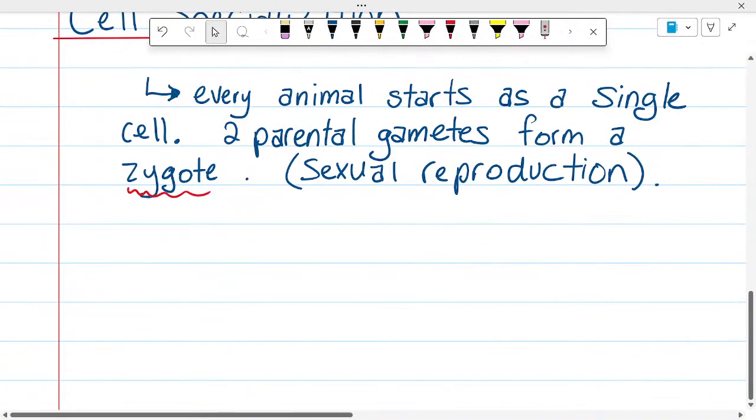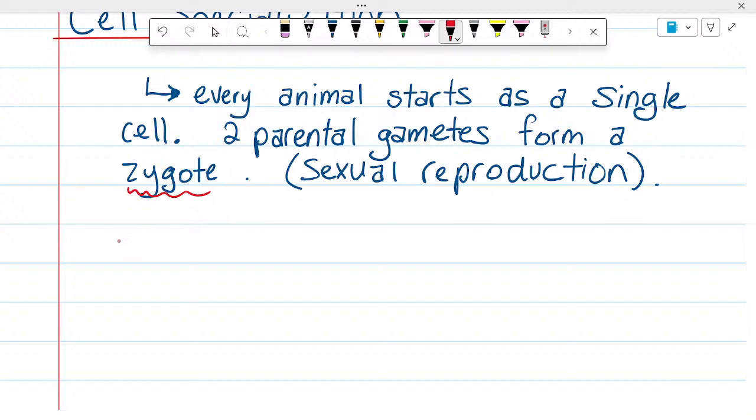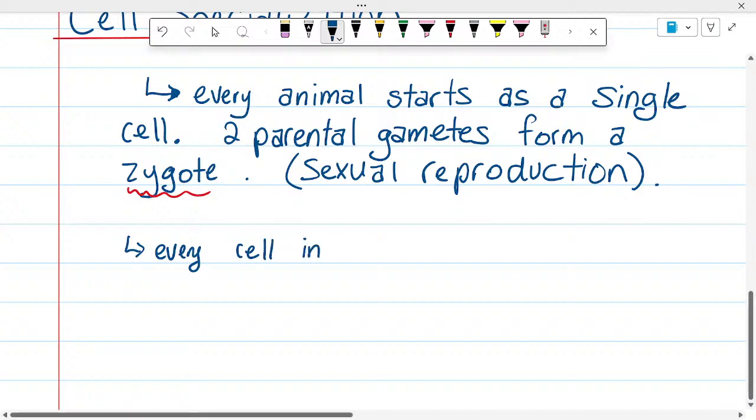So every animal starts out as that single cell, and then every cell inside of an animal is the result of mitotic division of that first cell.